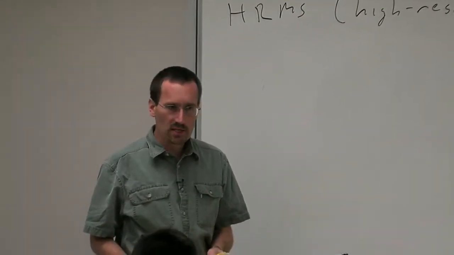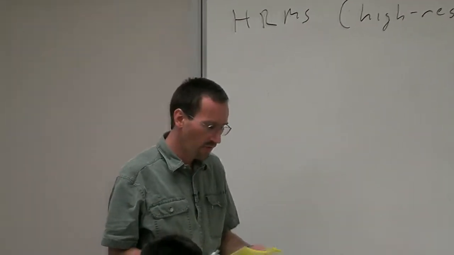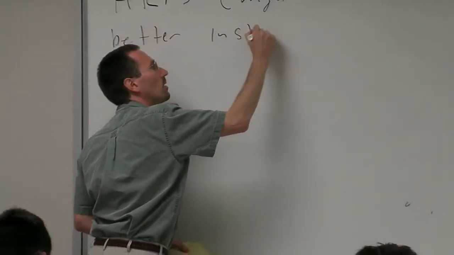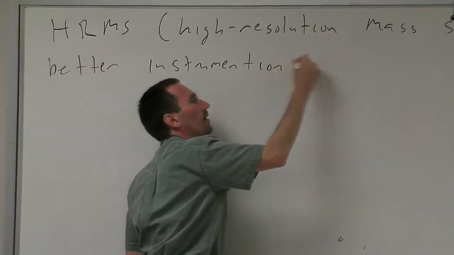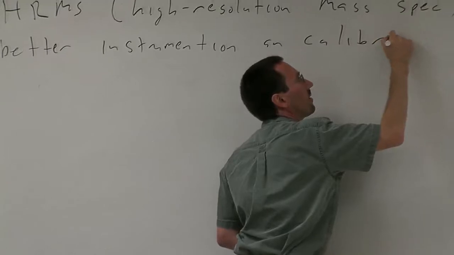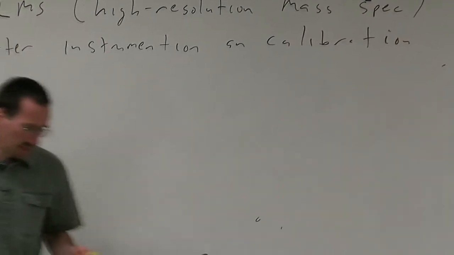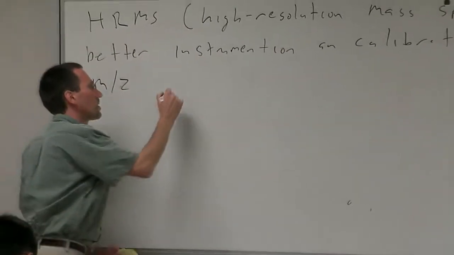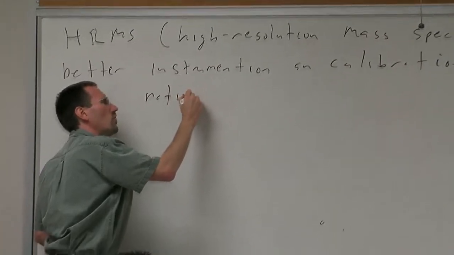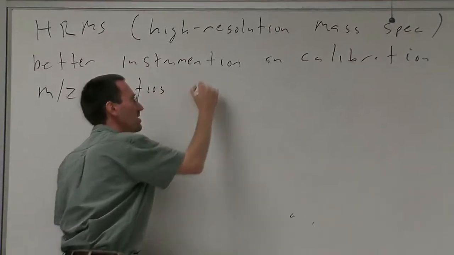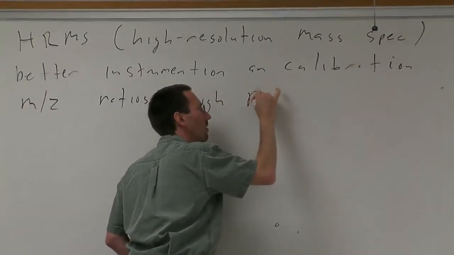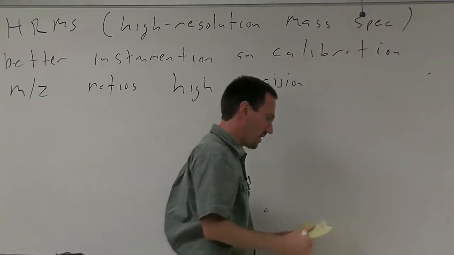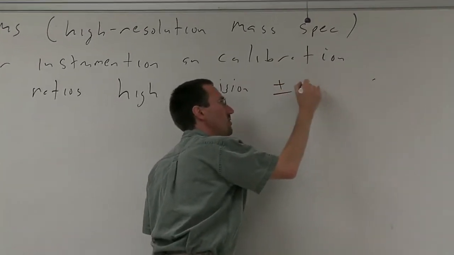However, with specialized instrumentation and calibration, you can do far better. So with better instrumentation and calibration, you can often get masses to very high precision, typically maybe 5 millimass units or 5 parts per million or better.